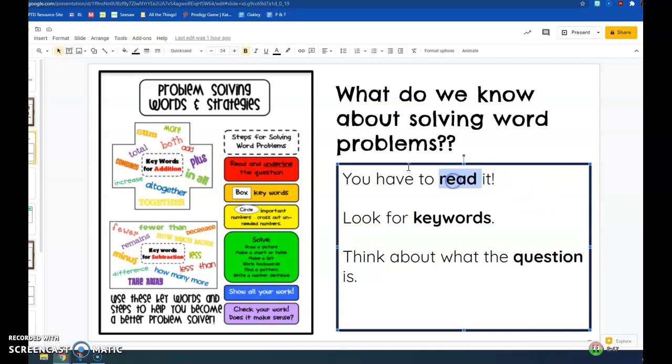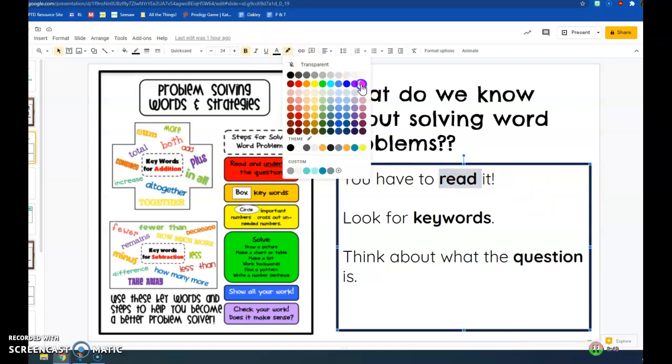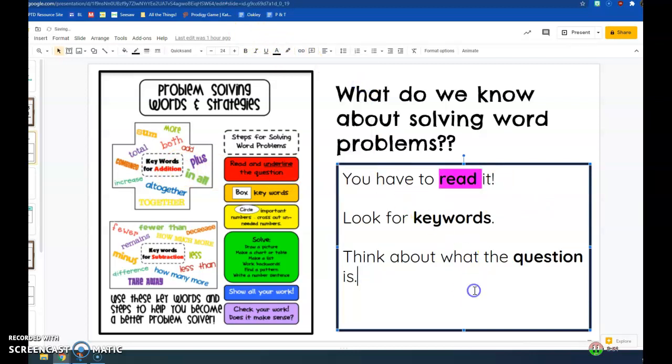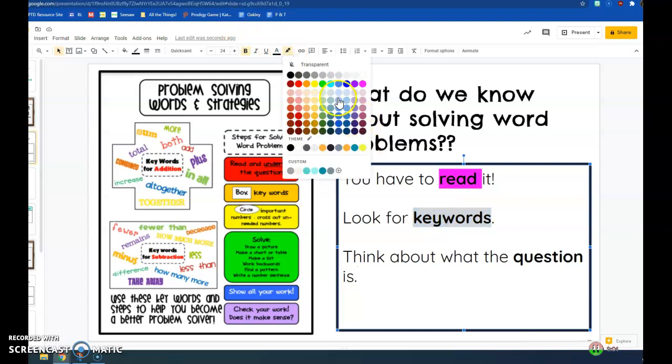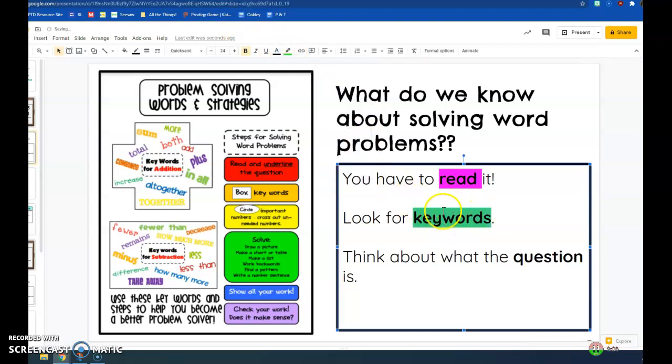So first of all, it is very important that you read the problem. Now, if some of the words are too tricky for you, it's very important that you ask for help so that you understand what you are trying to find. You also need to make sure that you are thinking about what key words are in the story problem. Are those keywords telling you to add?